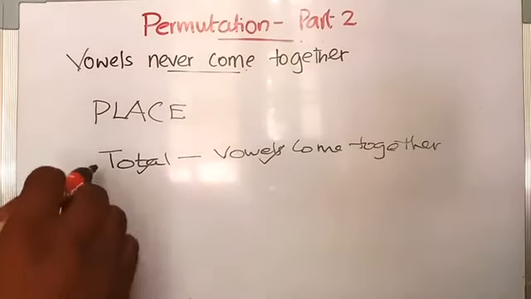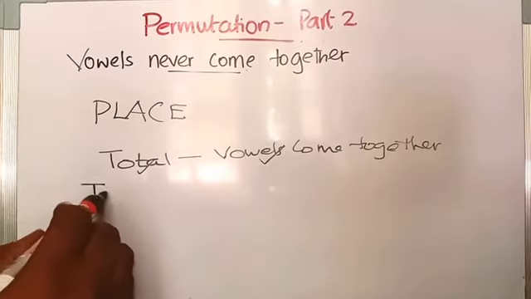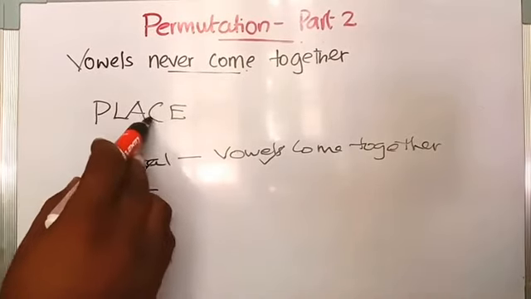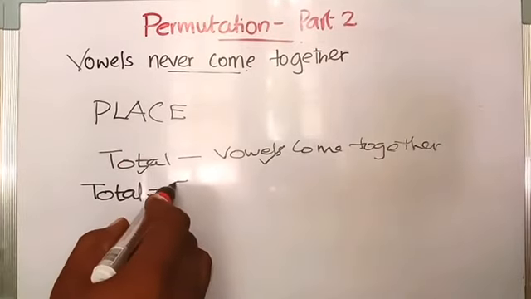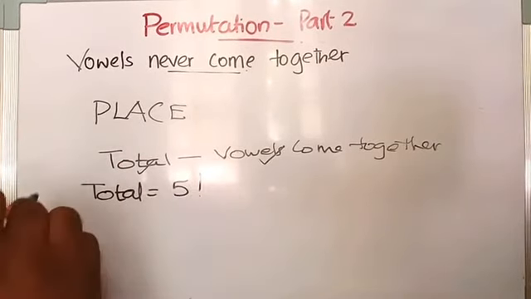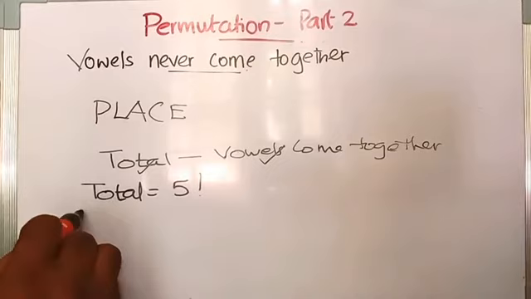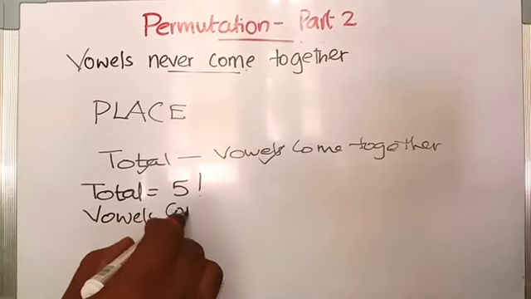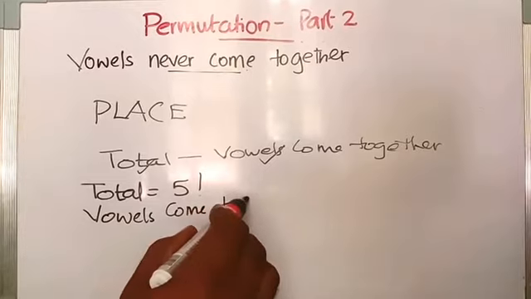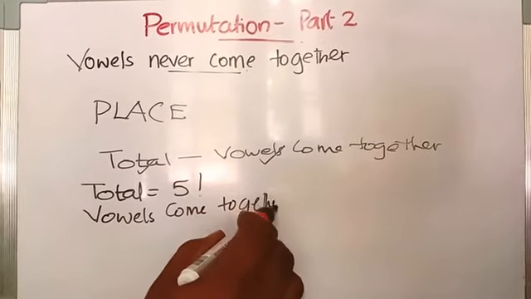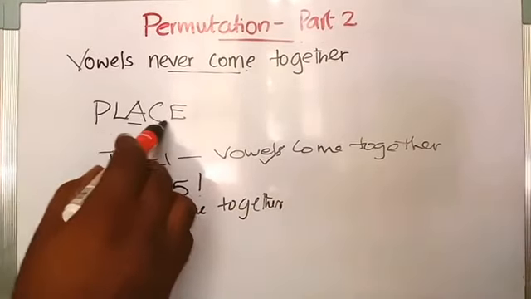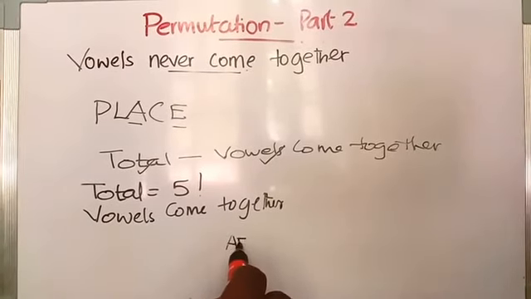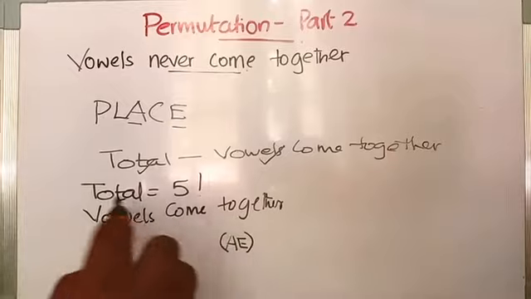Let's do that. So the total arrangement: there are 1, 2, 3, 4, 5 letters, so total it can be arranged in 5 factorial ways. Now vowels come together. They can be grouped in such a way that the vowels are A and E. So group it as 1.